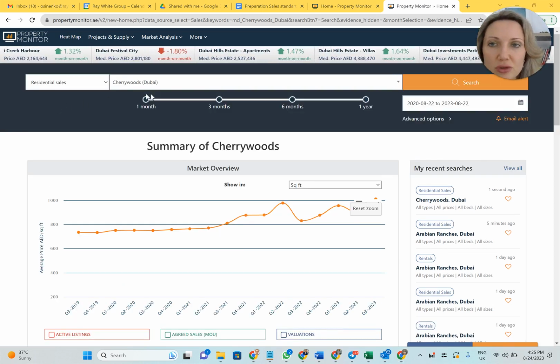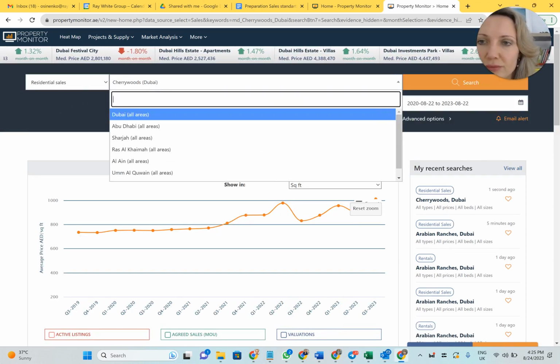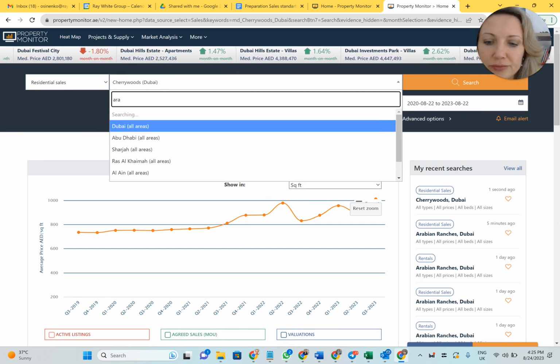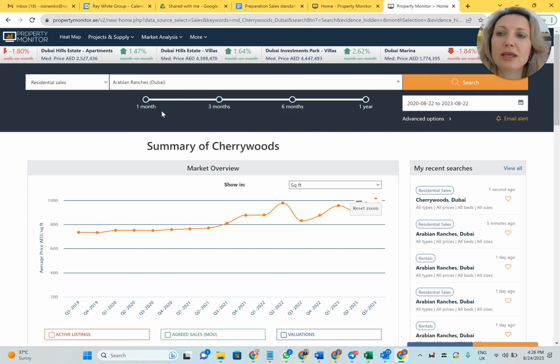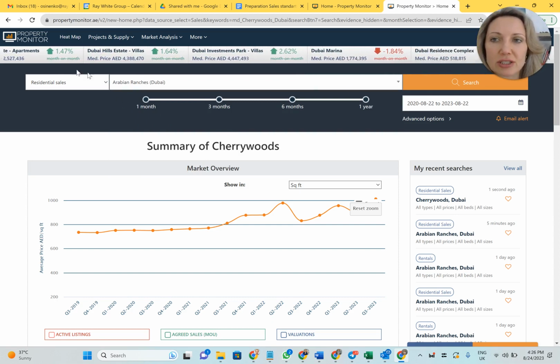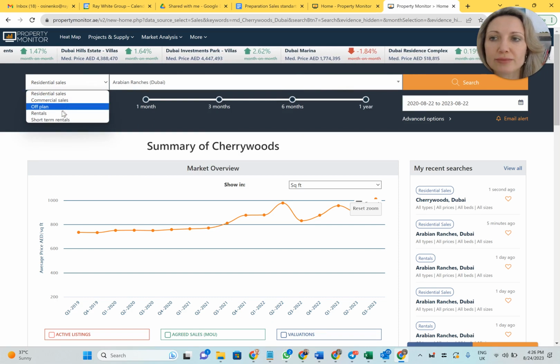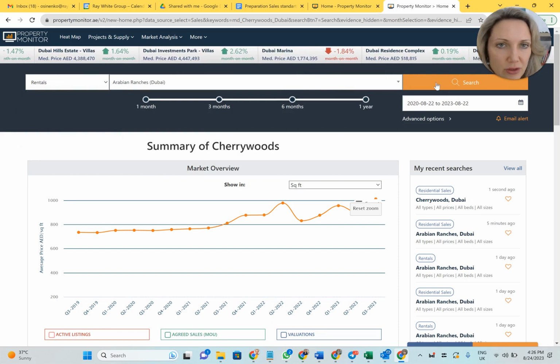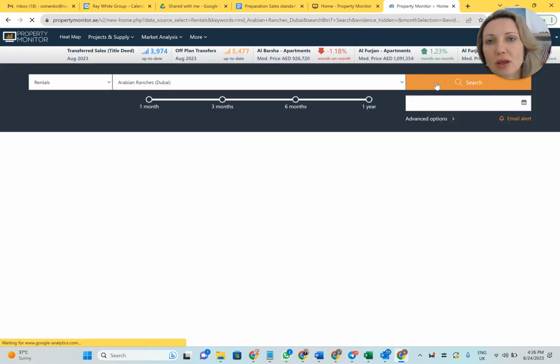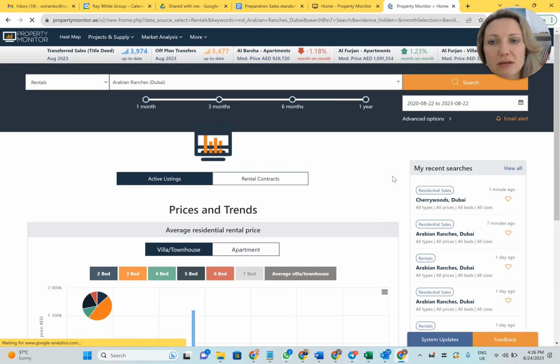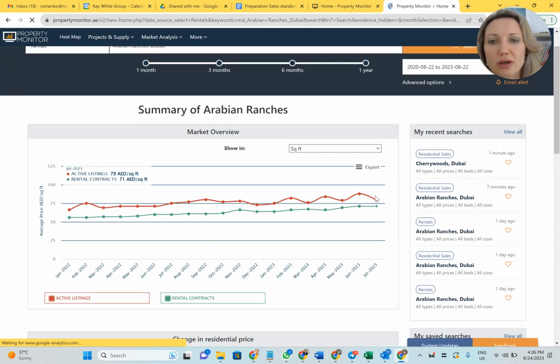The other thing for you to do, if we come back to Arabian Ranches, Dubai, is that instead of showing the residential sales, you can show the rentals. Search. With rentals, it's going to come up right here.